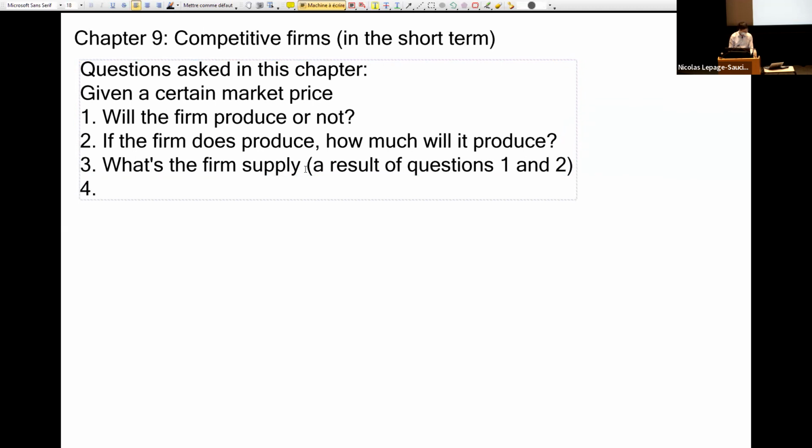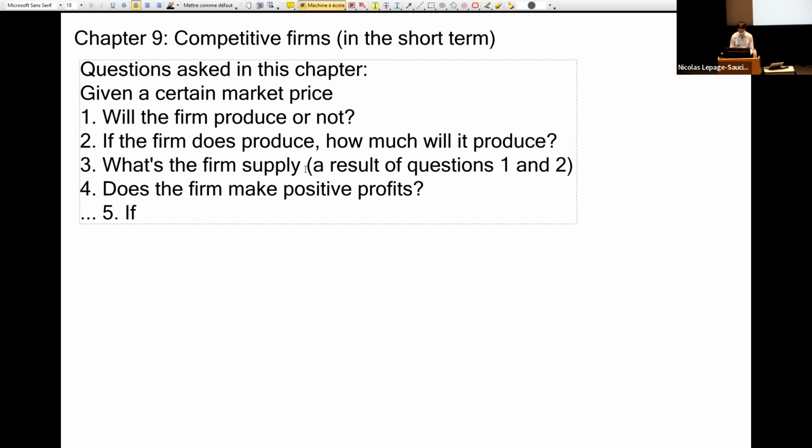And finally, four, does the firm make a profit? Or does it make positive profit? And then five, something that we see later is if firms make profit, then they are joined by other firms, because there's money to be made.